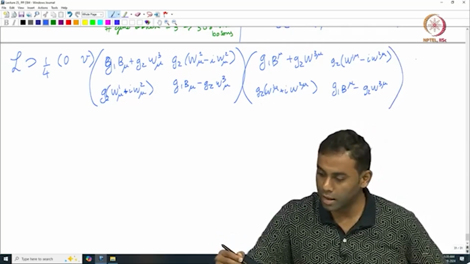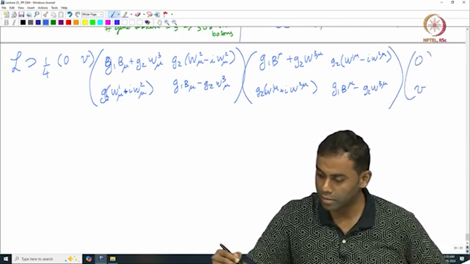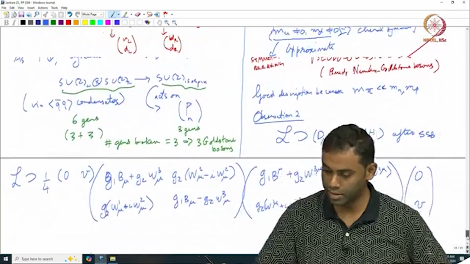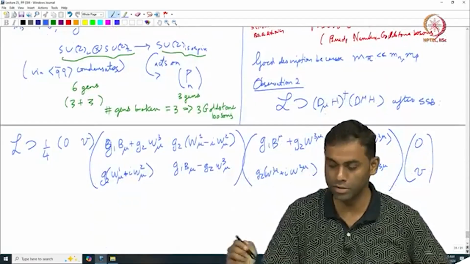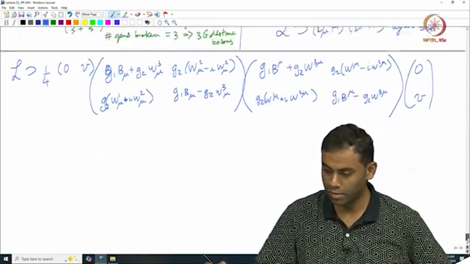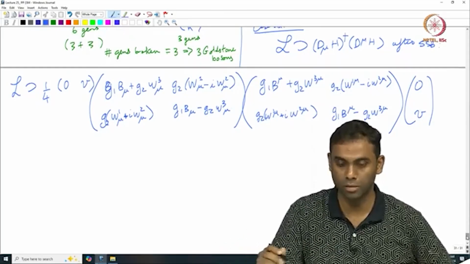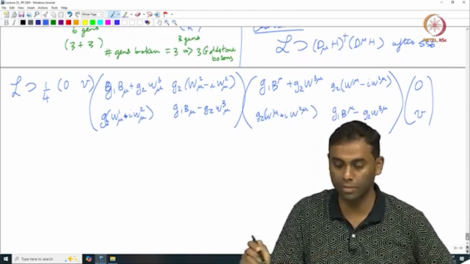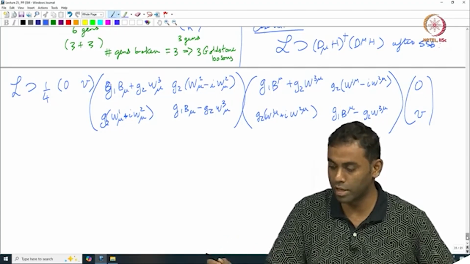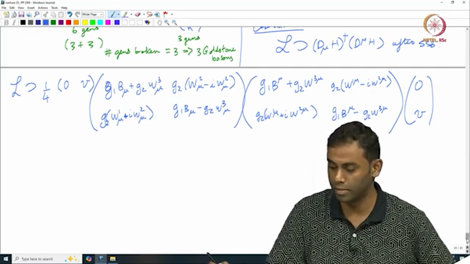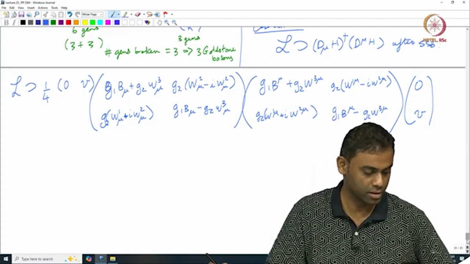And of course in the end I have a 0 and a V again. So I've explicitly picked from the kinetic terms the terms that would end up giving me masses, basically terms that are quadratic. I'm right now not writing the interactions of the small h field, the fluctuations.